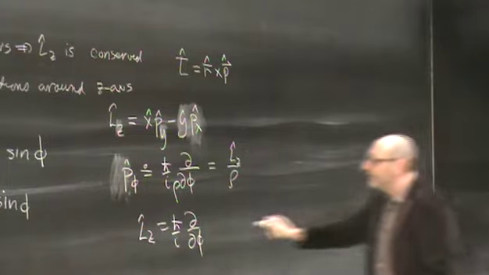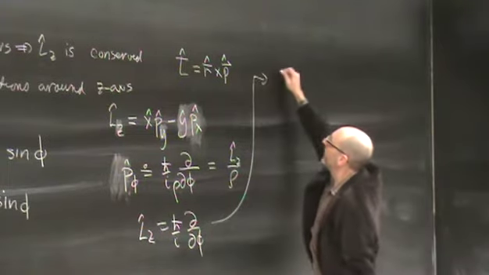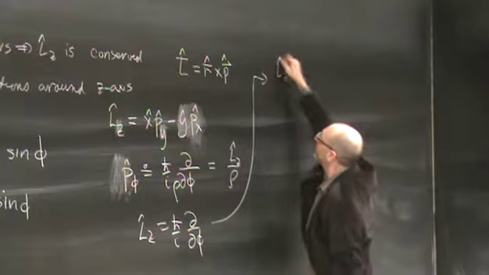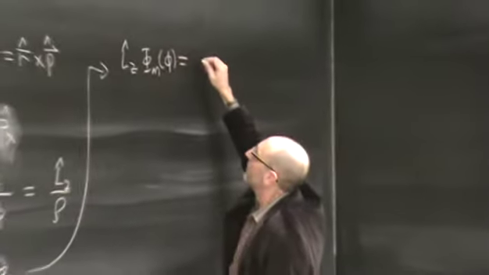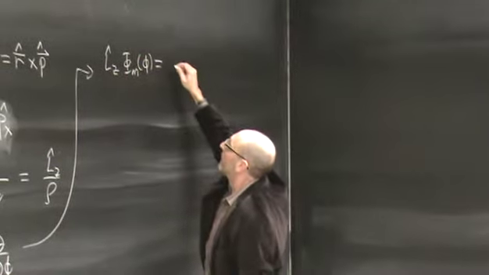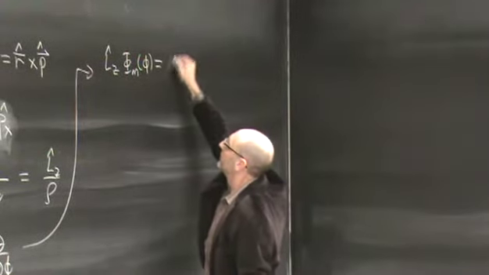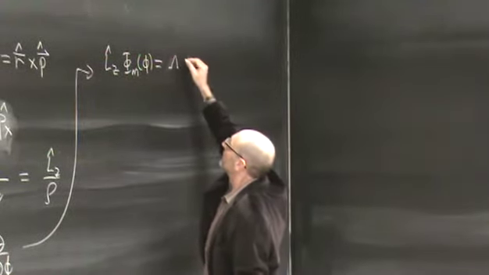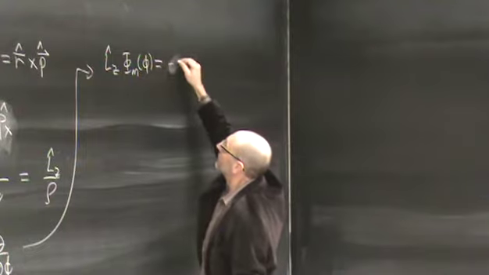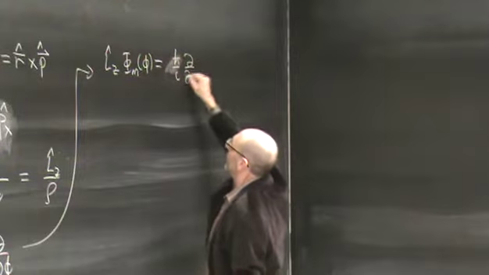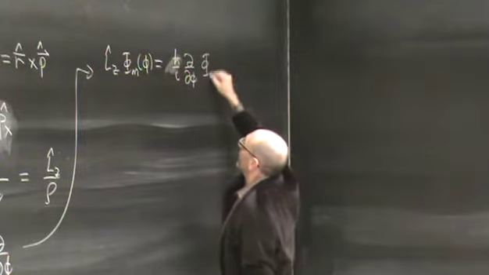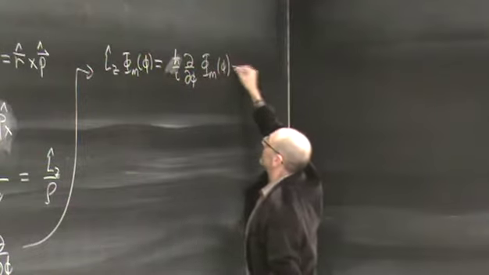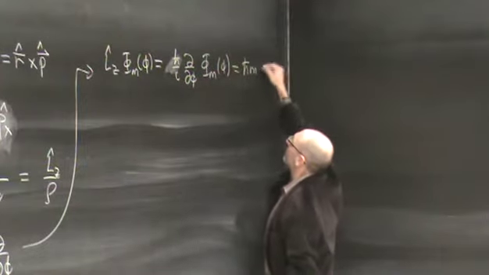Okay? And it is thus obvious from this that the eigenfunctions of LZ are the ones that satisfy d by d phi of this guy equals h bar m.